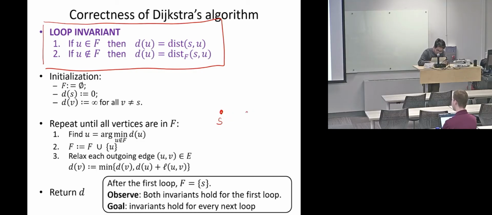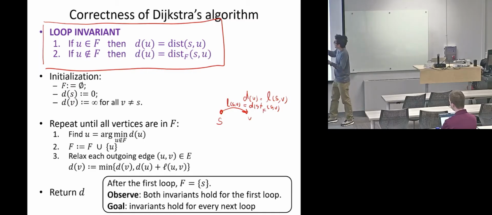If v is a neighbor of s, then d of v would be exactly the length of the edge from s to v, which is exactly the distance from s to v.